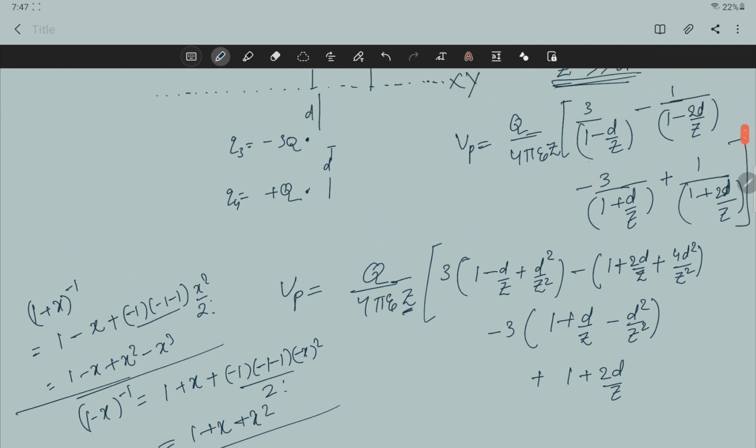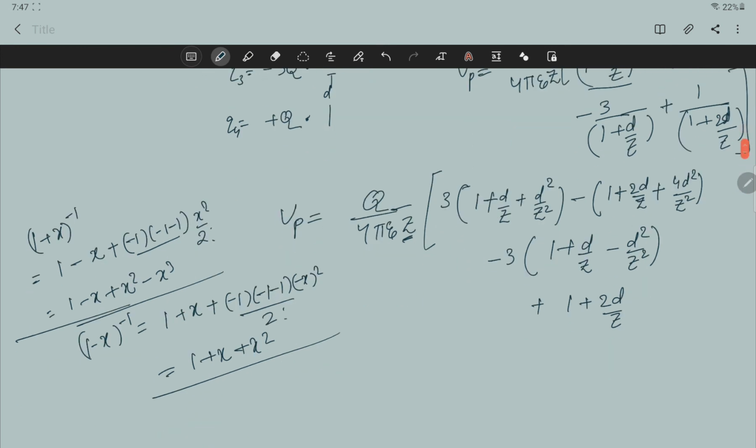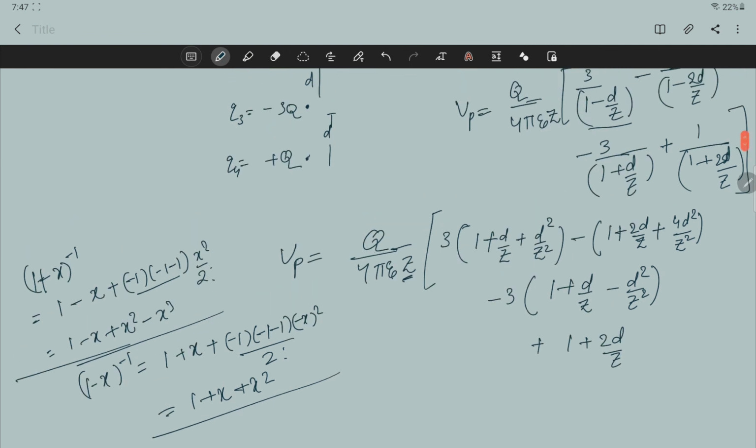Because if here is a plus, then we are getting alternate positive and negative. If here is negative, then we are getting all positive terms. So the first expansion will contain all positive terms, the second expansion will contain all positive terms, and the third will contain alternate positive and negative.